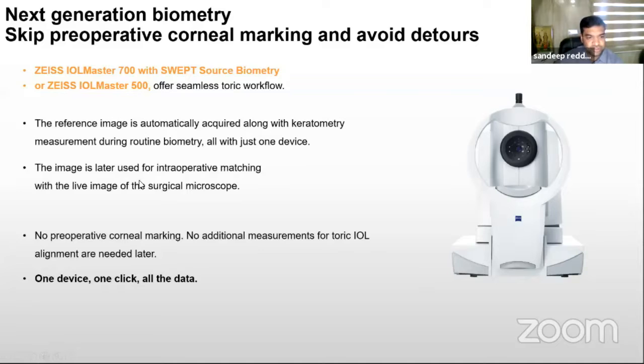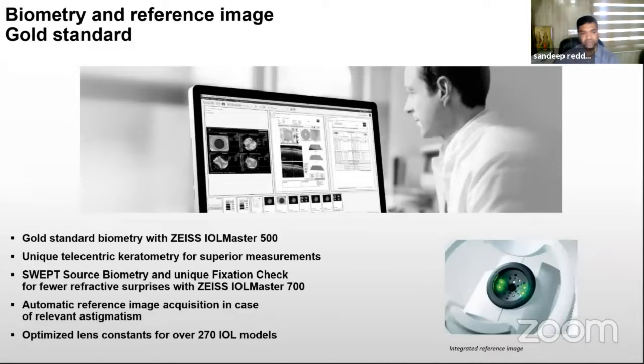The same images are transferred intraoperatively into the microscope. As you all know, the gold standard biometry is the IOL Master 700, which is what most of us use. The uniqueness of these keratometric values is that they are telecentric, meaning they concentrate on the visual axis rather than the center of the pupil.